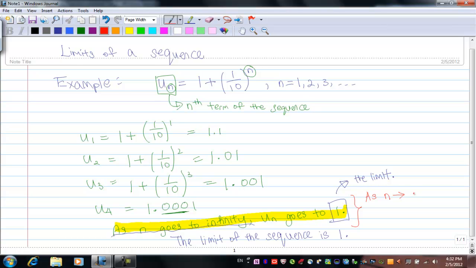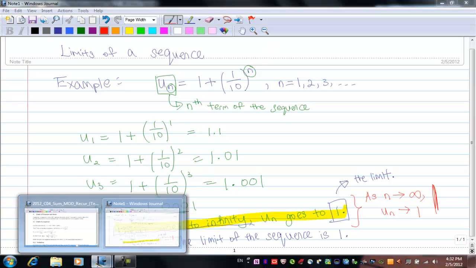So n goes to infinity, un goes to 1. So this is the mathematical way of writing it. So for the rest of this lecture, if you were to see this, I hope all of you understand that this means that as n goes to infinity, the value of each of my terms is going to 1. And in this case, we say that the limit of the sequence is 1.